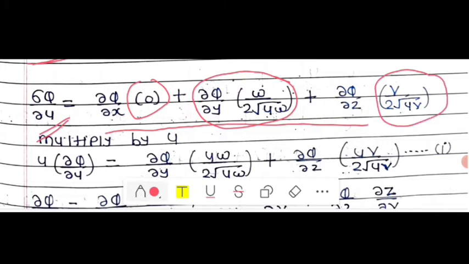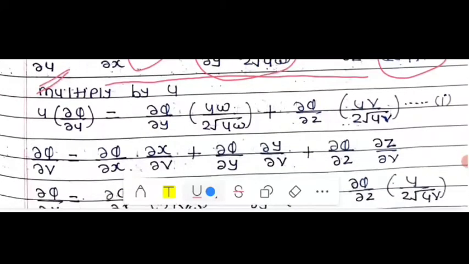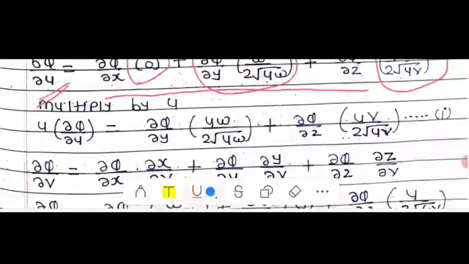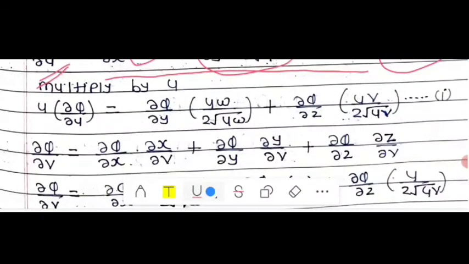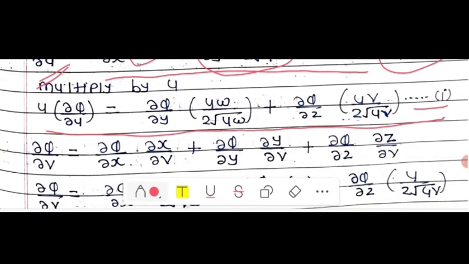This one is a partial derivative ∂phi/∂u. So multiply by u. By multiplying u on both sides, we get this one, and we denote this equation as equation number 1.